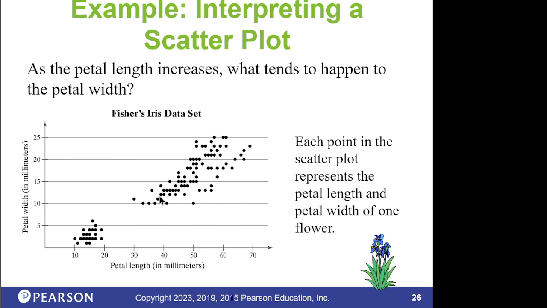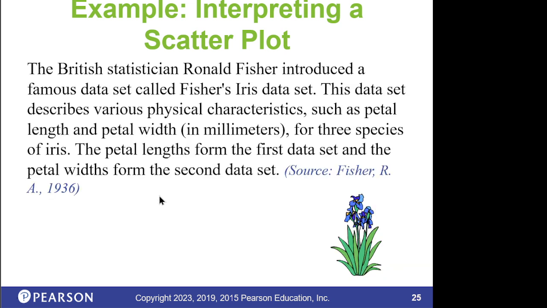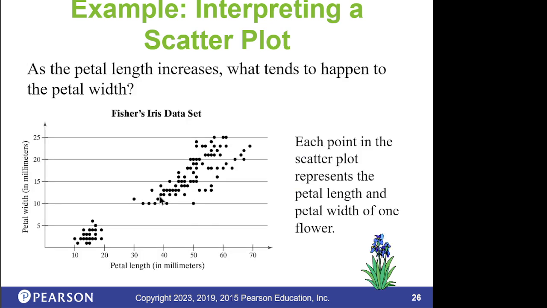But what we look at is the length of the petal and the petal width. So how long the petal is versus how wide it is. On the x-axis, we get the length, and on the y-axis, we get the width in millimeters. What we can see is the data clusters with petals that are not that long.